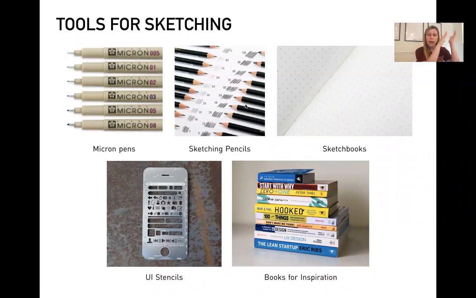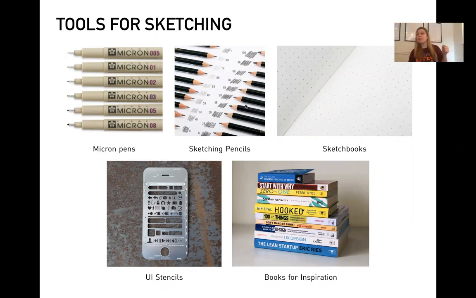I've seen UI stencils a lot. I don't use those. I always get recommended UI stencils on my Facebook ads and stuff. I've never used one, so you'll have to tell me if you like those or not, if you've ever used one. Personally, I have a little mini ruler. I have shape stencils that have a bunch of circles.